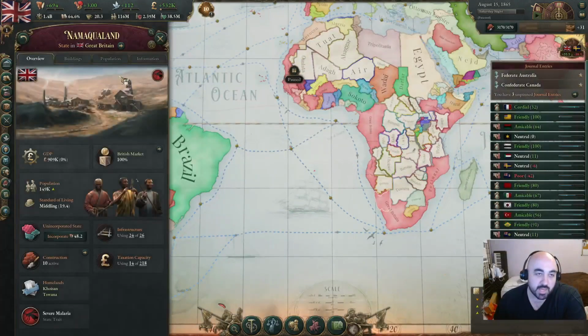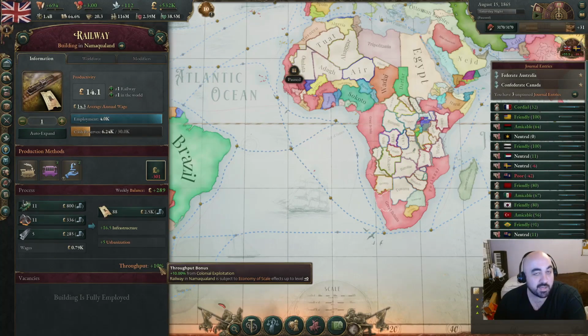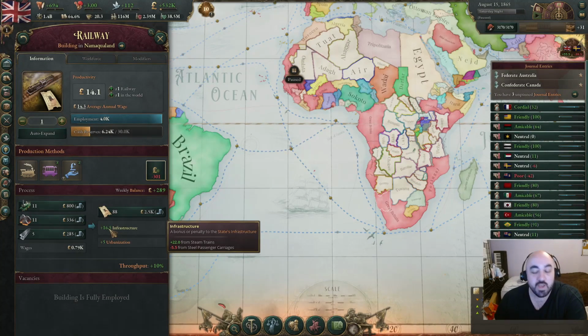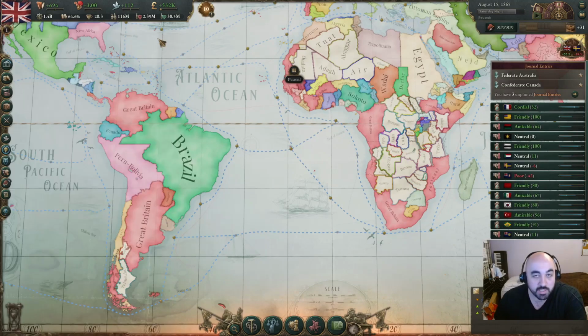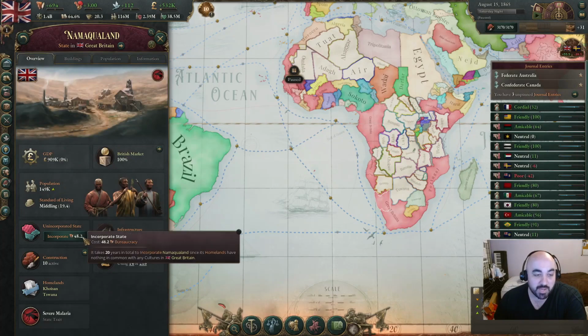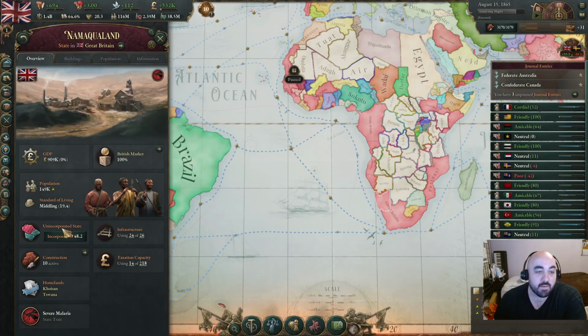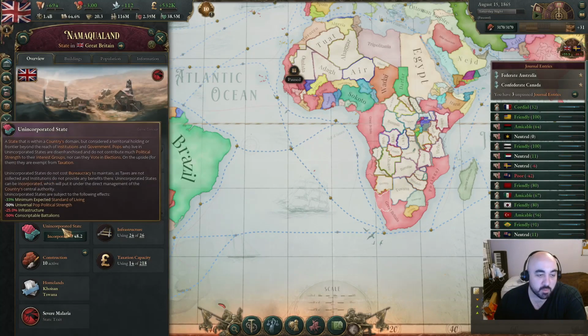If you take that into account when you're thinking of infrastructure, the railway is getting a 10% throughput bonus, which does apply to the infrastructure itself. And so you think of it more as a 15% malus, but a big malus on the base infrastructure of the unincorporated state. And then we have the conscriptable battalions.